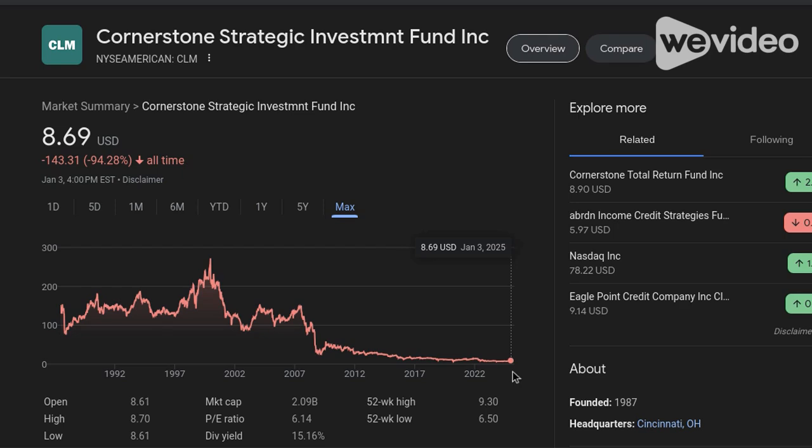So that's one of the key things I think will make CLM and CRF work for people: reinvesting those dividends and not taking out that full dividend amount. Those are two very important things I believe you need to do to make your income from these funds sustainable.